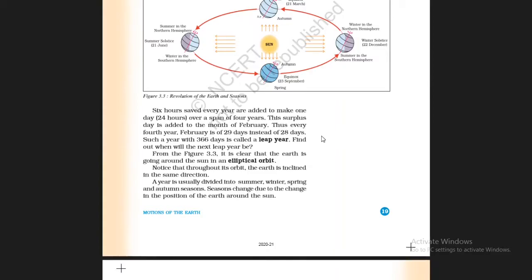And seasons, different seasons, how they occur, we got some idea here. Seasons change due to the change in the position of the Earth around the sun. It is because of the position of the Earth around the sun that we experience different seasons.